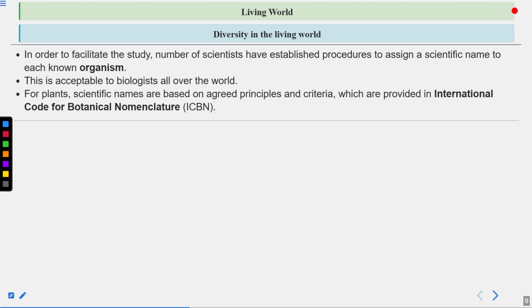Now for plants, scientific names are based on agreed principles and criteria which are provided in the International Code for Botanical Nomenclature, abbreviated as ICBN. So scientific names are assigned to plants based on the principles and criteria provided by ICBN.